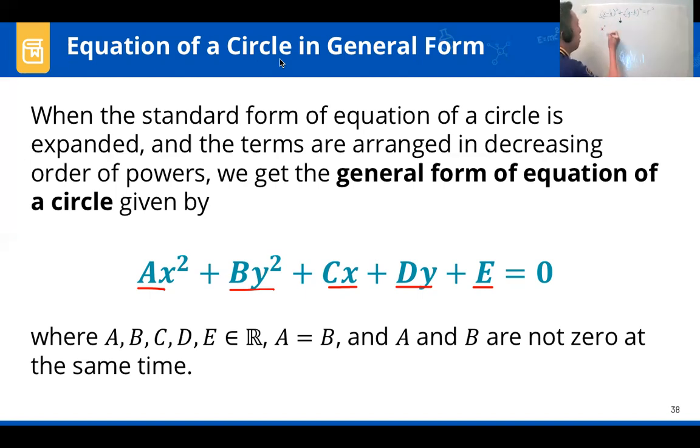X squared minus hx minus hx, 2hx plus h squared plus y squared minus 2ky plus k squared.